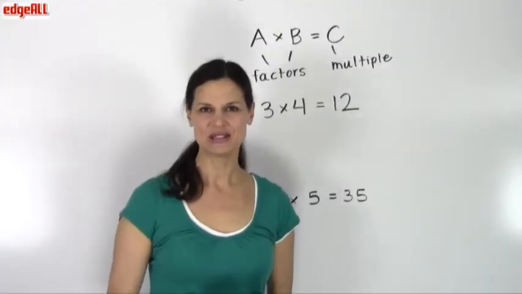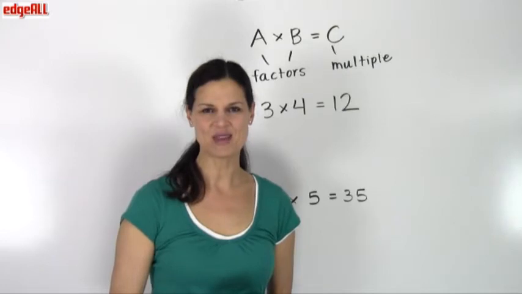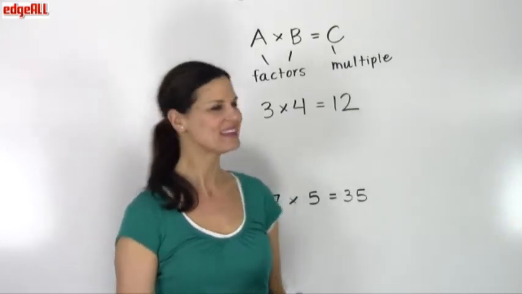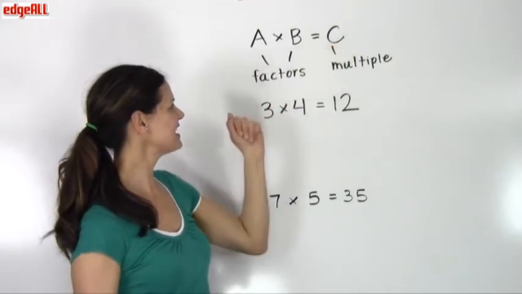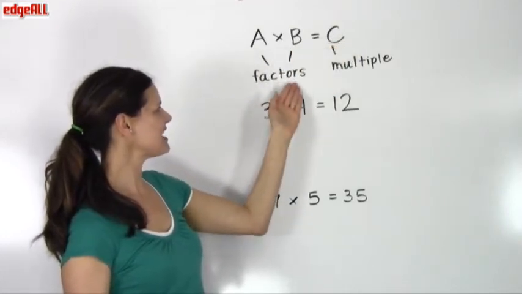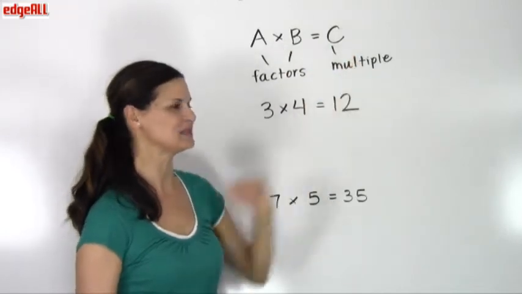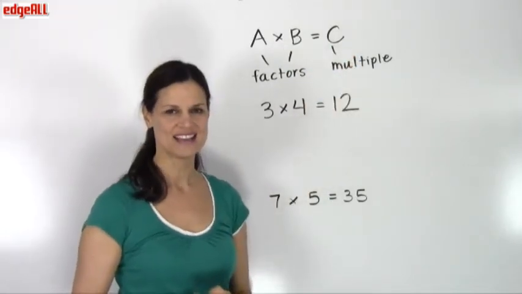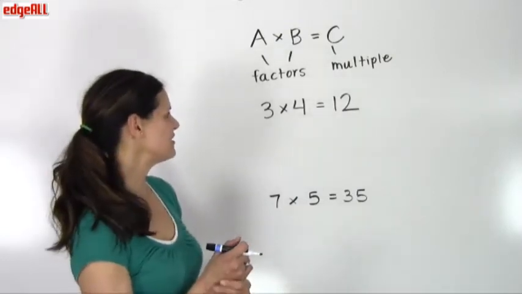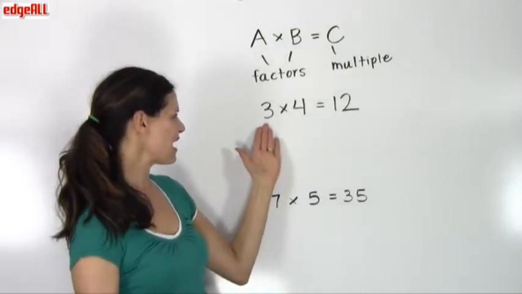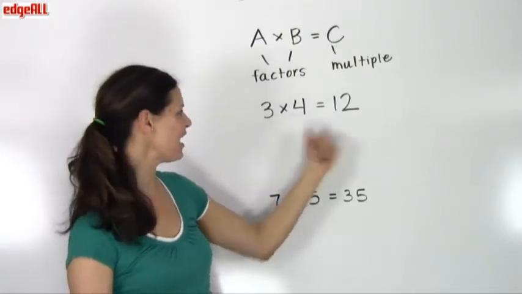Let's take another look at factors and multiples, and we'll look at them using some numbers as well. So we have our A times B equals C, and A and B are factors, and C, or our product, is what we call the multiple. So let's look at how these are used with some actual examples of numbers. This will look quite familiar to you. 3 times 4 equals 12.